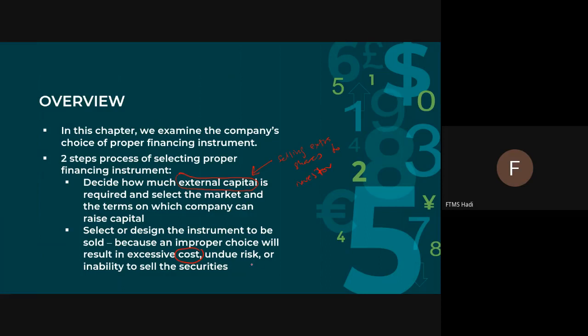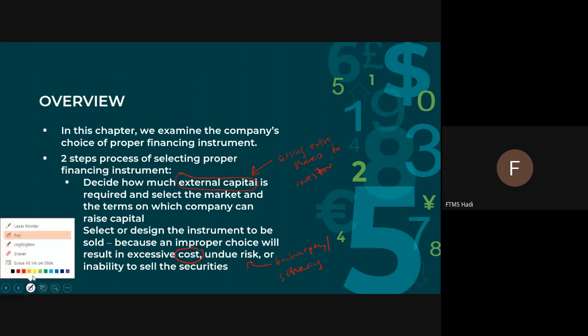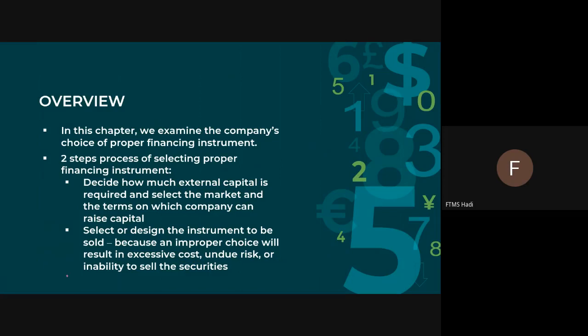Undue risk: we don't want the company facing bankruptcy or insolvency in the future. Inability to sell securities: they have securities, but none of the investors are interested in buying the company shares. That is a problem.